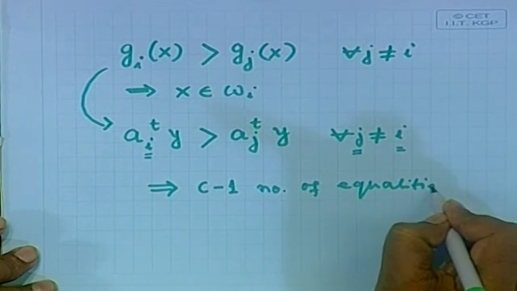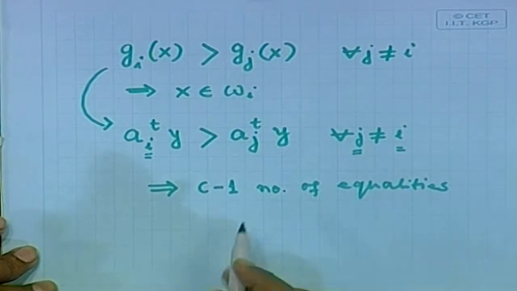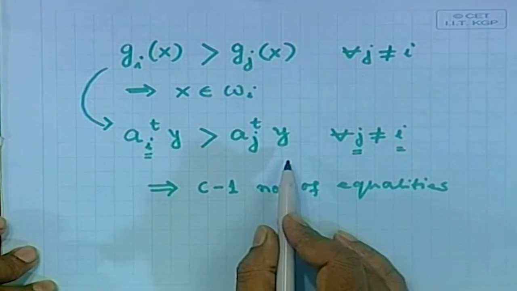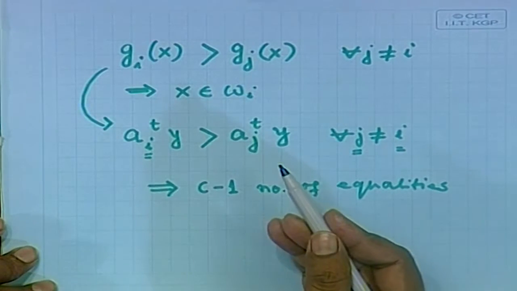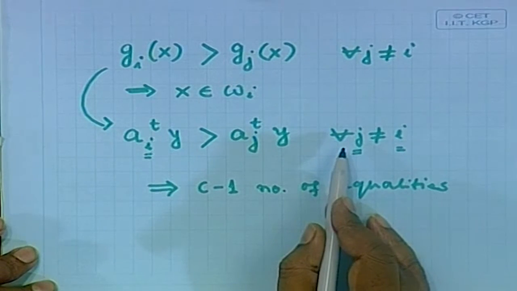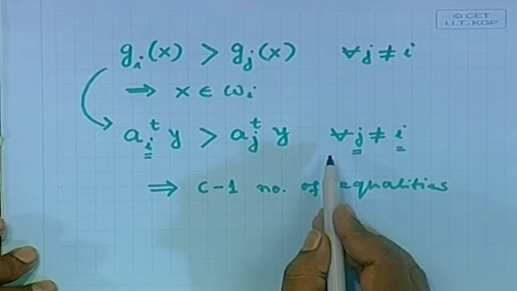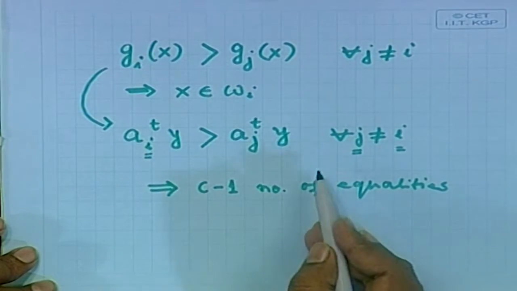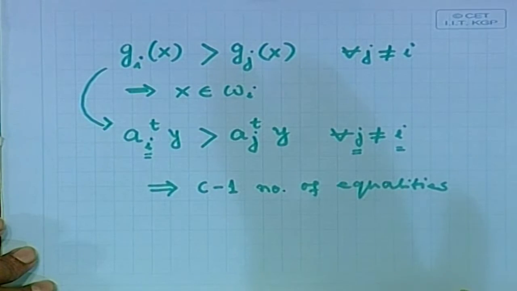Is that okay? So in all those inequalities, I need this condition to be true. Suppose i is equal to 1. Then a_1 transpose y must be greater than a_2 transpose y, a_1 transpose y must be greater than a_3 transpose y, a_1 transpose y must be greater than a_4 transpose y, and so on up to a_1 transpose y greater than a_C transpose y.